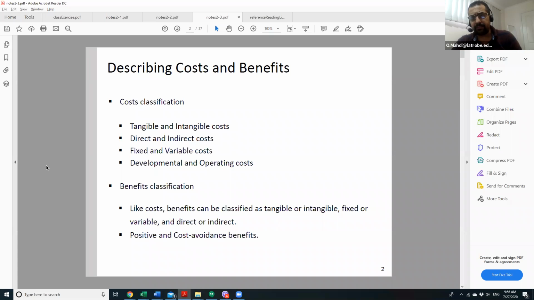Let's say I have an idea about developing a project, and my budget is about 80,000 K. This is the initial budget, the initial cost.